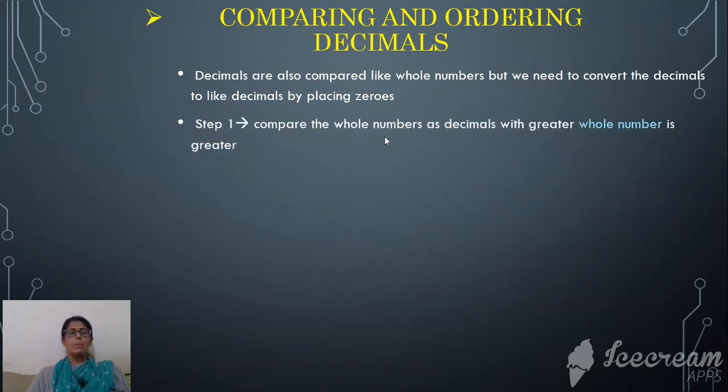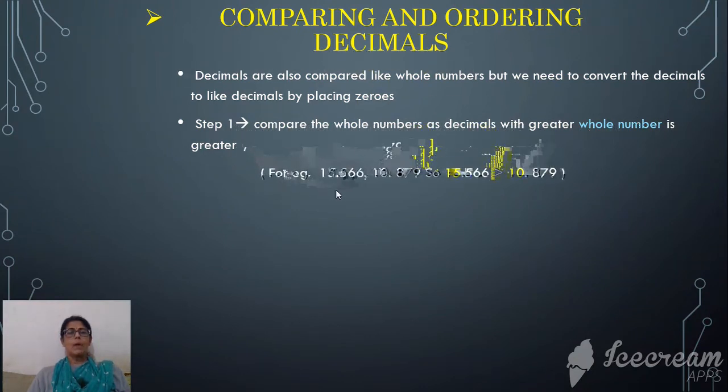Compare the whole numbers of the decimals; the greater whole number is the greater number. If the number is given with a whole number and decimal both, first we need to compare the whole numbers, right? If the whole number is greater, then that number is the greater number.